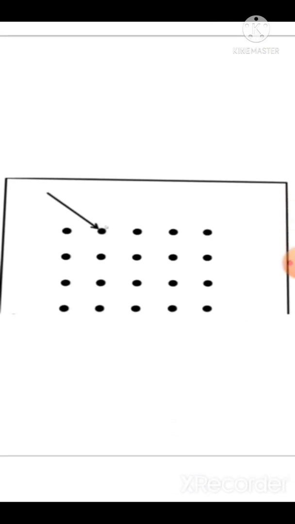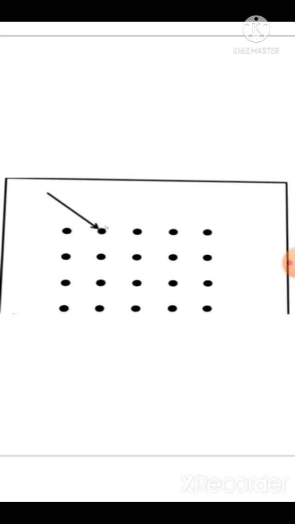Okay, in this picture we have plotted some points in a periodic manner. Each point represents a lattice, and the distance between two consecutive points is nothing but the interplanar distance between the two atomic points.